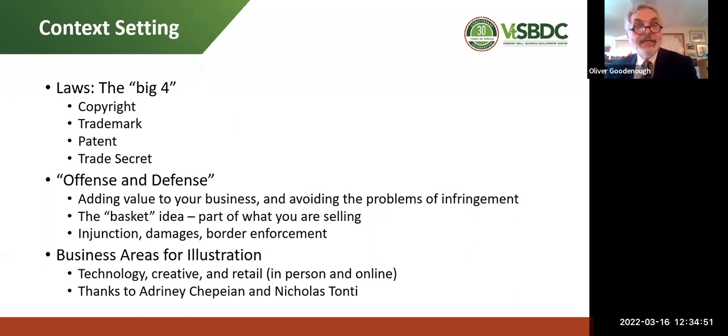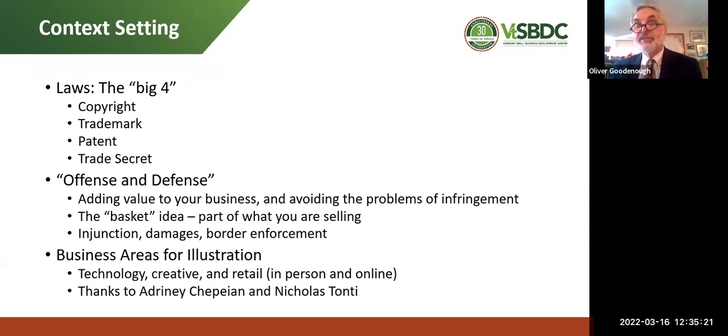The second piece of this is what I sometimes call the basket idea. In your business, part of what you are selling often is going to be some measure of intellectual property connected to the other aspects you're doing. If you're a video producer and you sell a video, selling that video by itself is okay, but nobody can use it if it infringes other people's intellectual property.